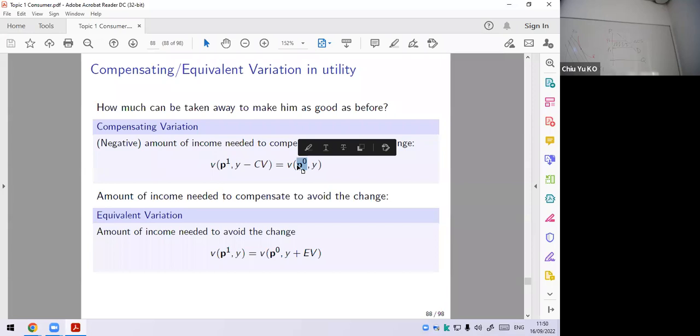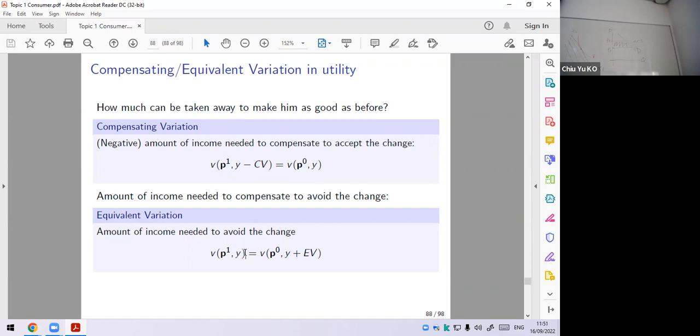Is that clear? What is going on is the original happiness, the new price, and how much money I can take away from him. That's called CV. Very soon we'll justify why this is the case. The next definition is the following. This is the utility after the price change.